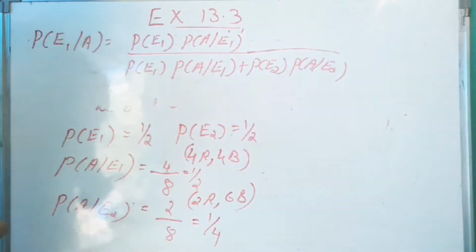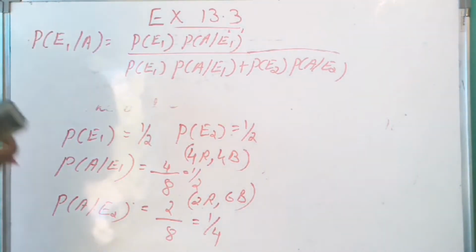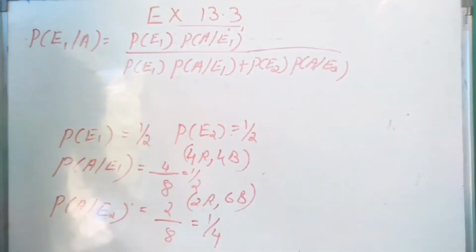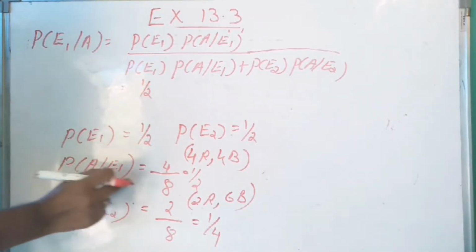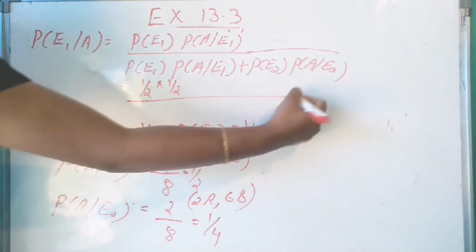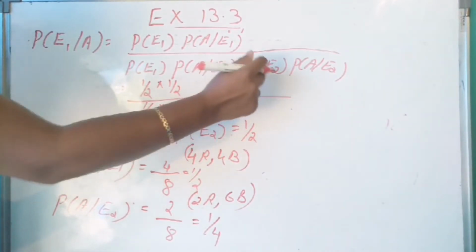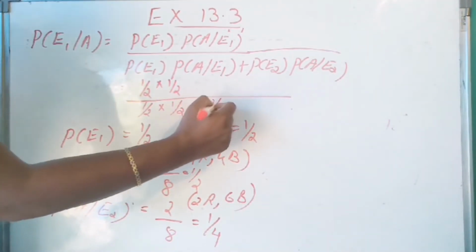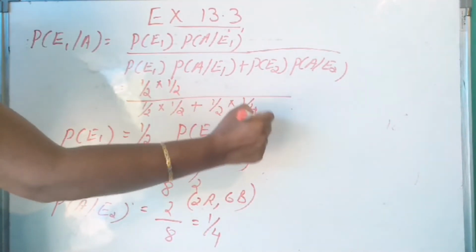Now just substitute those values. P of E1, that is 1 by 2. P of A given E1, that is also 1 by 2. Divided by 1 by 2 into 1 by 2 plus P of E2, 1 by 2, P of A given E2, 1 by 4.